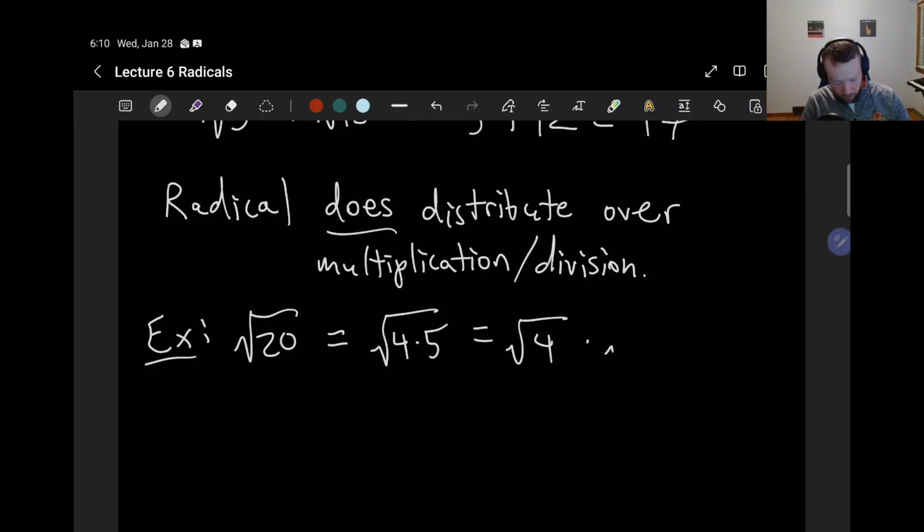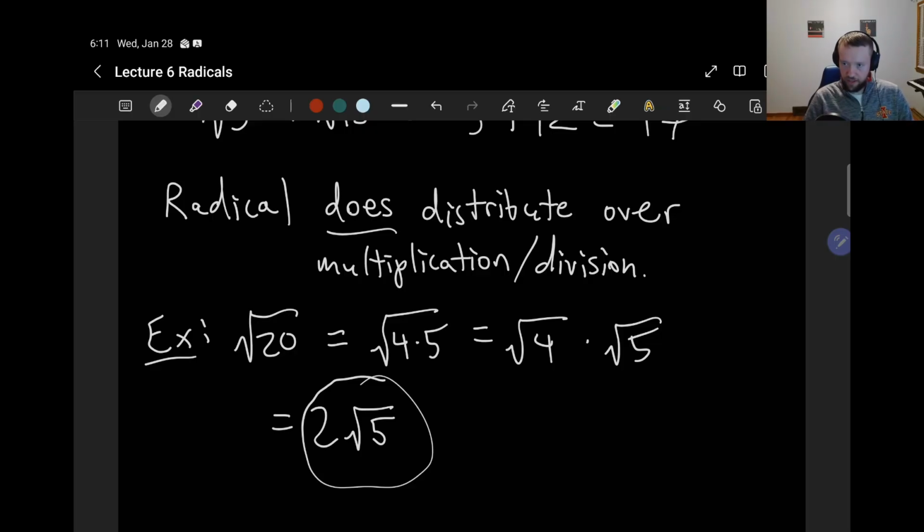And now I'm allowed to split that square root over the multiplication. So it's a product of two separate square roots. And 4 has a nice square root. 5 does not. 5 is prime. So this is the simplest it gets, 2 times the square root of 5.